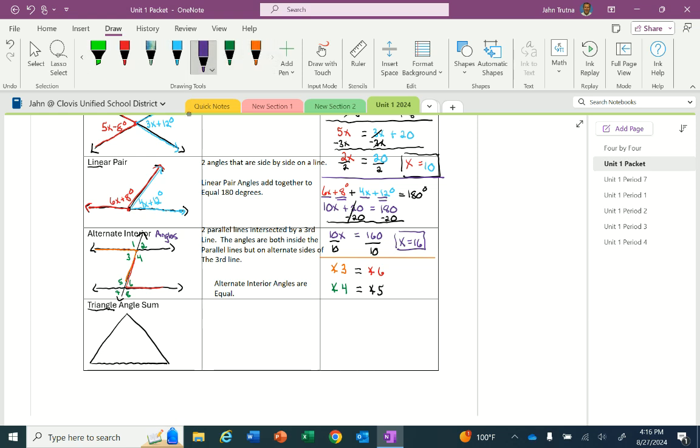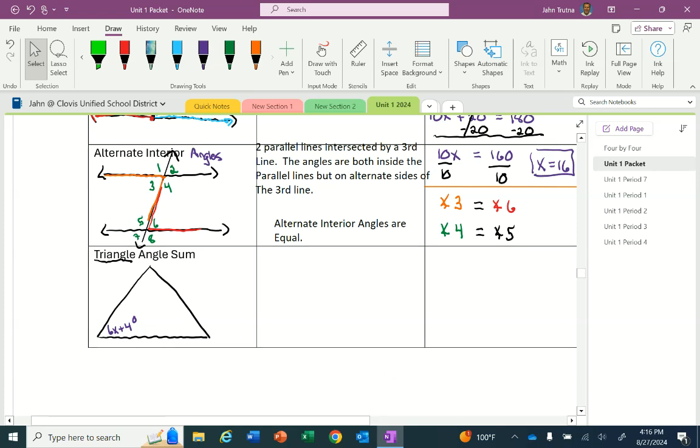Let's represent the bottom left angle with the expression 6x plus 4 degrees. Let's represent the angle at the top with the expression 3x plus 1 degrees. And let's represent the angle at the bottom right with the expression x plus 15 degrees.